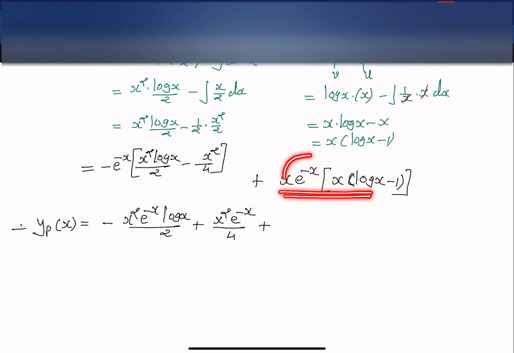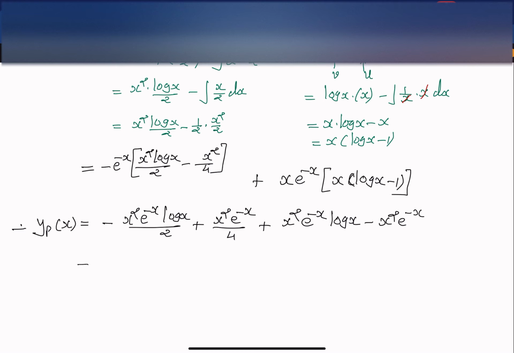So actually this is x into x e raised to minus x log x. Then this minus sign, x into 1, I repeat, minus sign x into 1 into x into e raised to minus x. So that is minus x square e raised to minus x.